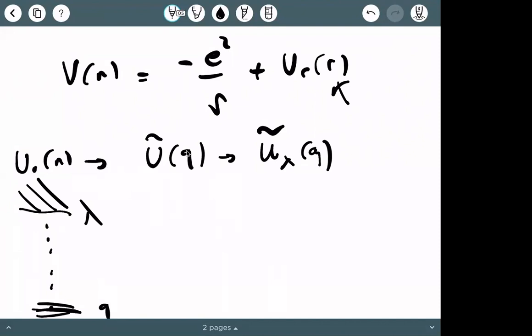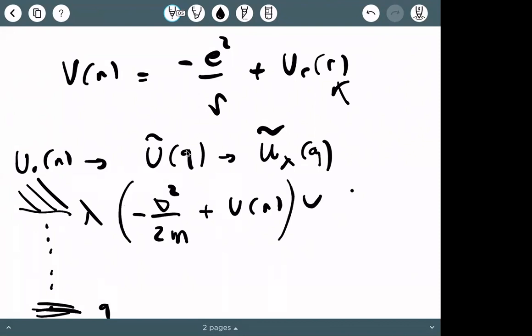So this means that if you write the Schrodinger equation, let me write it. You're all familiar with the Schrodinger equation in position representation, right? That's the stationary Schrodinger equation. Now, of course, you can Fourier transform this and you get the Schrodinger equation in momentum representation.